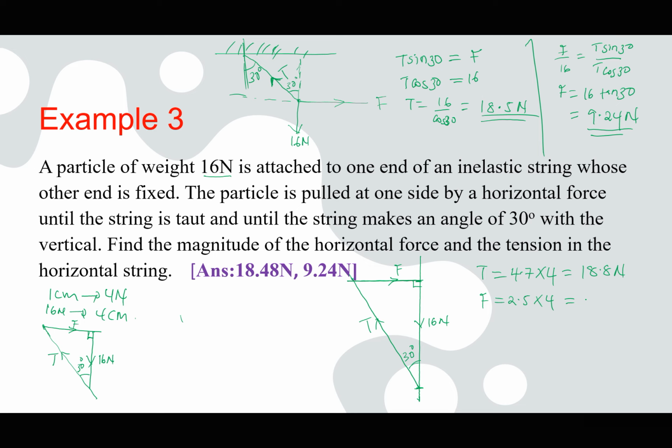So 2.5 times 4 is approximately 10 newtons. So these are the values I would get from a scale diagram. Of course, they cannot be exactly the same, but they would be close. So that is how we use the scale diagram to find those values.